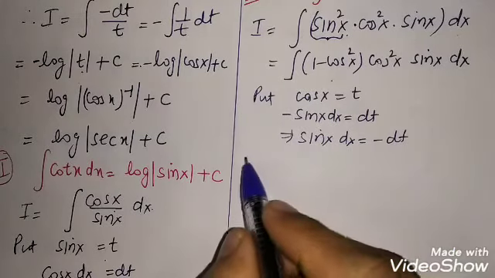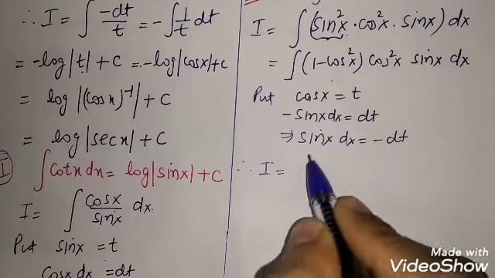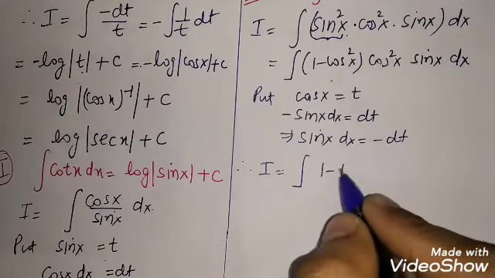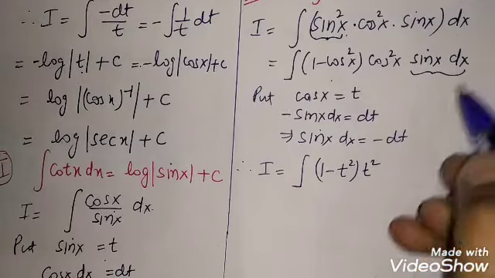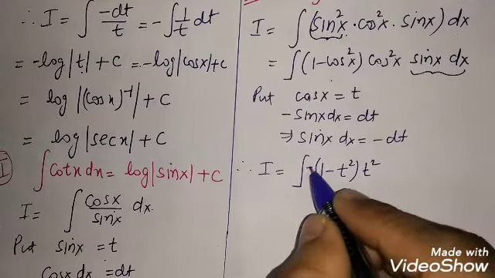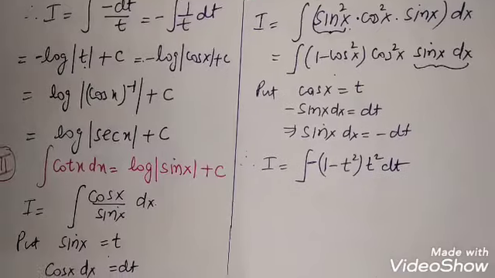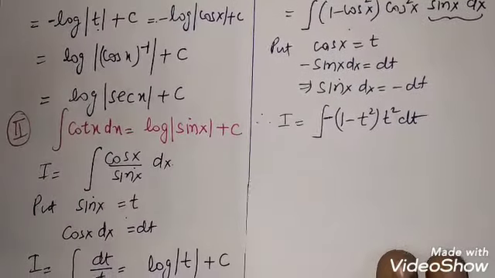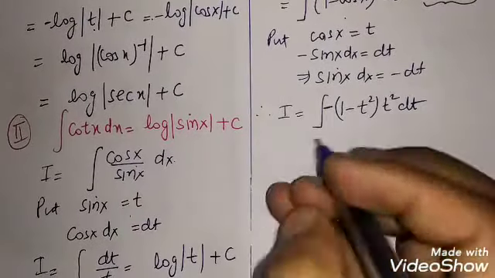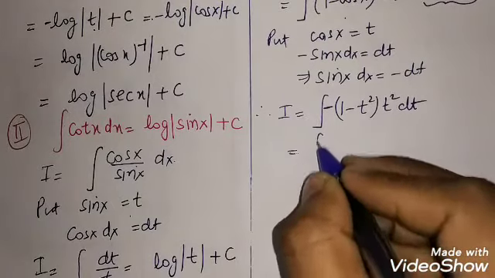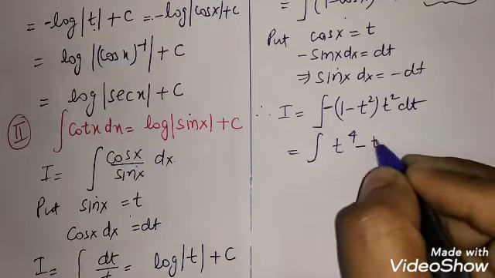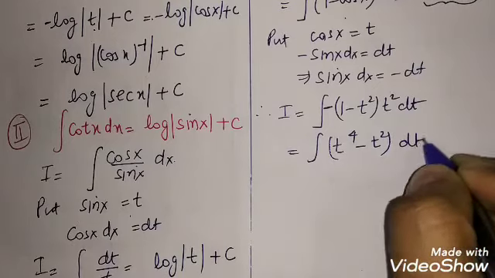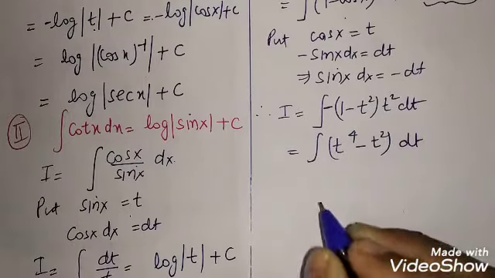Put all the values over here. Therefore the integral is equal to integration of 1 minus t square times t square. This whole thing becomes minus t, so I am writing minus outside, dt. Then multiply by minus t square: it is t to the power 4 minus t square dt. Quite easy to solve.